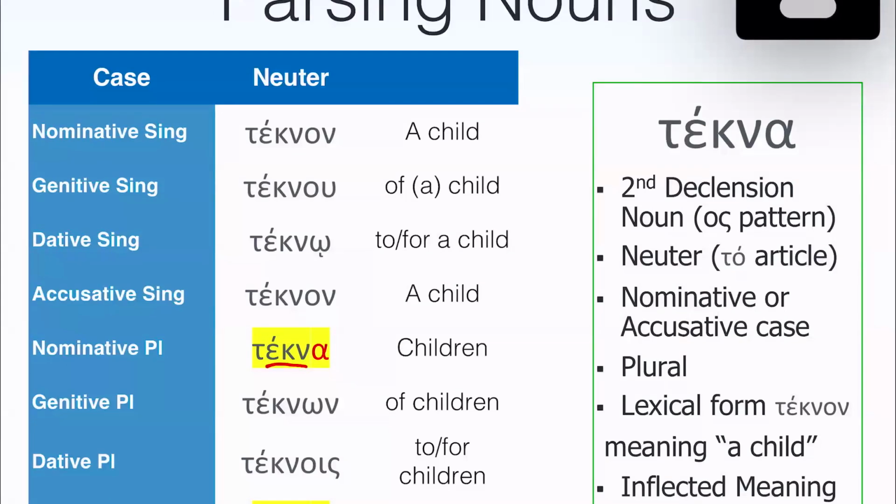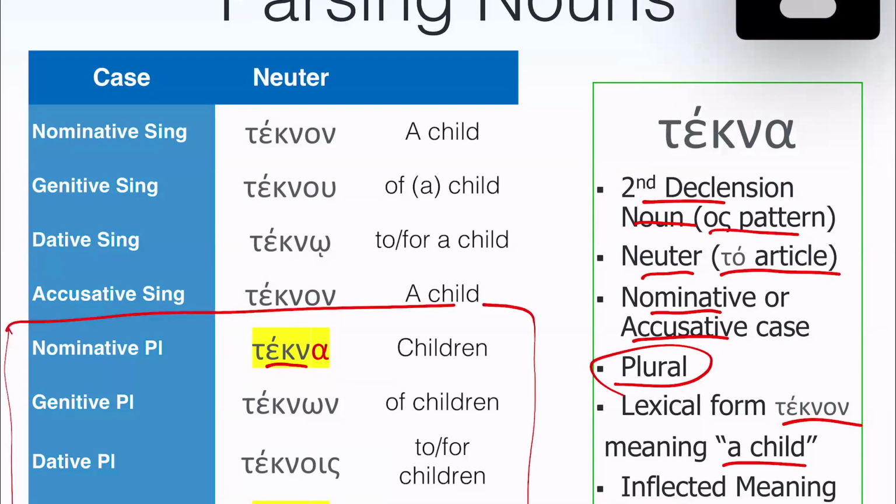So if I was to parse this word, it's a second declension noun. It's following this os pattern. It's neuter, and I know that because of the article. It could be nominative or accusative, has to be plural. The lexical form is teknon, and it means a child. But the inflected meaning, because it's plural, is children, because it's a plural word.